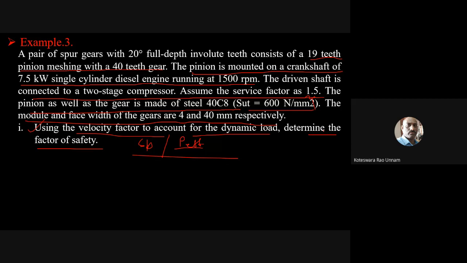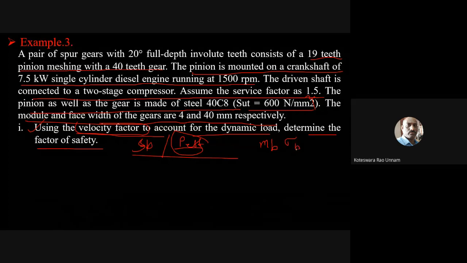While calculating this P effective, you need to use the velocity factor to account for the dynamic load. SB you can easily calculate. The formula for SB is m into b into sigma b into Y. Everything is known. m is given directly as 4 mm, b is given as 40 mm, sigma b you can calculate as SUT by 3, which is 200.